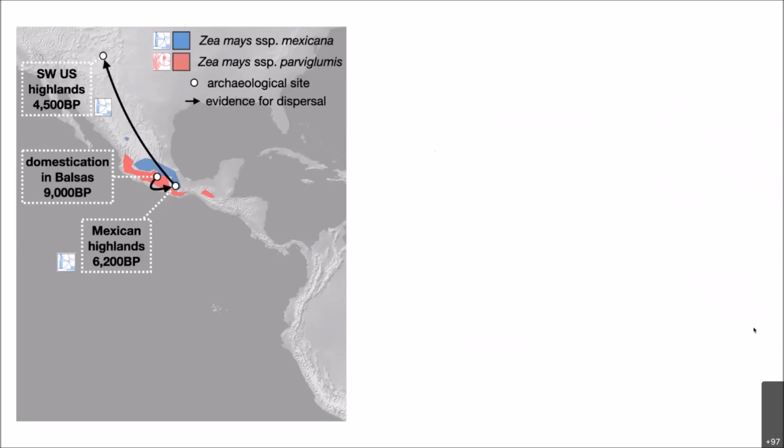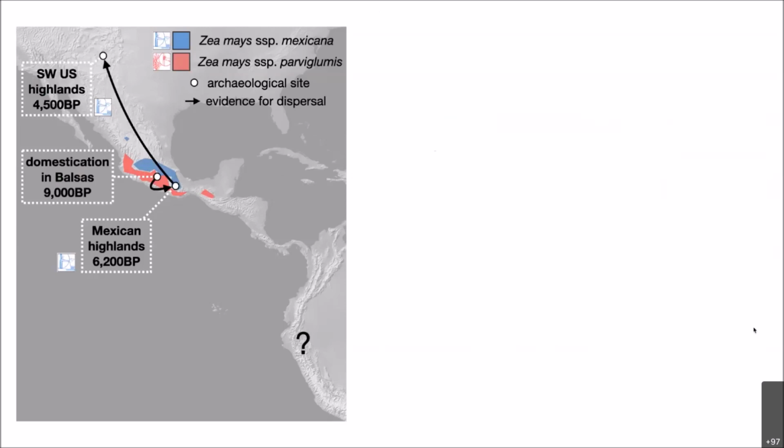So if highland maize in the southwest US also has some Mexicana contribution, so the second teosinte contributed to maize in the US, we then asked, what about other highland populations? Maize is found in highland populations in lots of other places. And we thought, well, what about the Andes in South America? There are no teosinte in South America. So in the Andean populations, there's no possibility of modern or recent admixture between maize and teosinte.